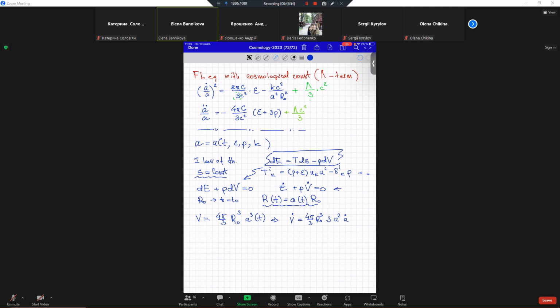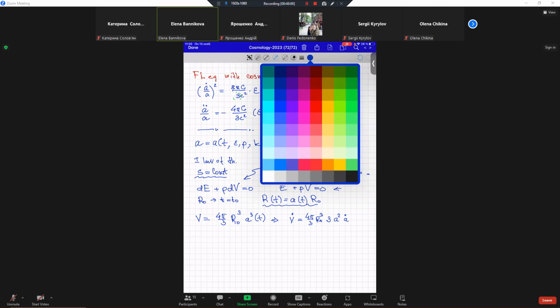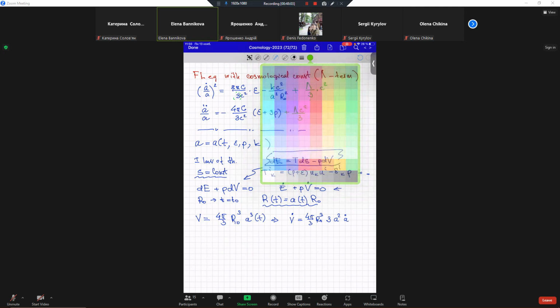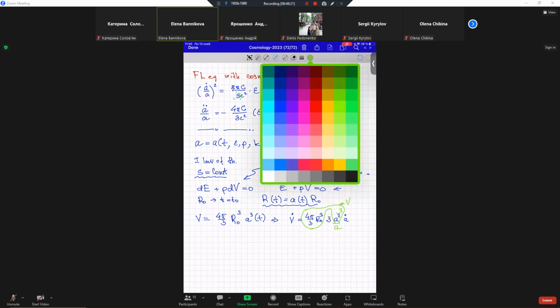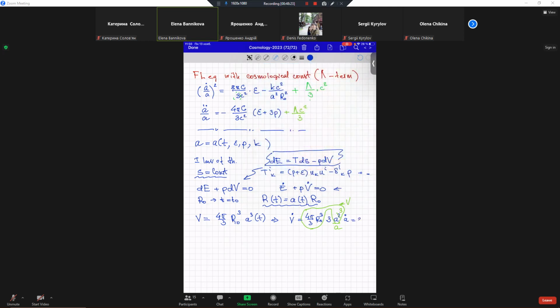Okay, and I want to keep the volume, so I will put here a cubed divided by a. And in this case, I will have this one, and this one will again be the volume. So finally, I will have 3V a point divided by a.